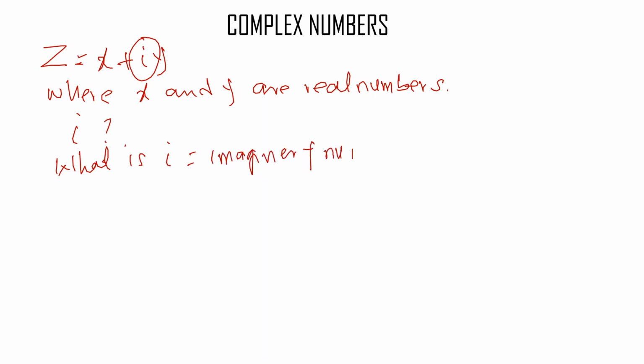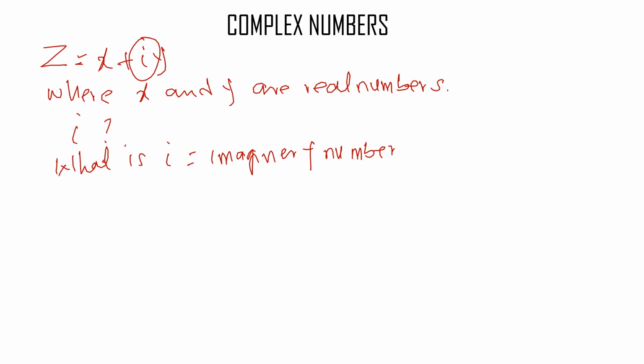So it's not real, it's imaginary, as the name implies. This number came into place as it was discovered by a mathematician called Euler, born in 1707 to 1783.